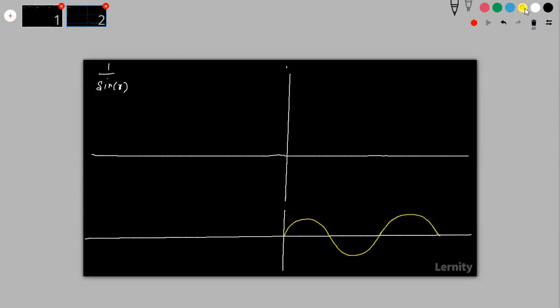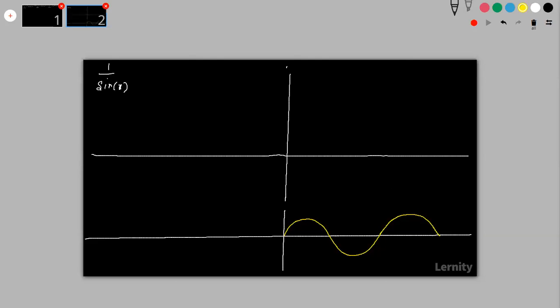Students, tell me one thing. If sin x is periodic in nature, will 1 by sin x be periodic in nature, yes or no? If sin x is taking repeated values, then 1 by sin x will also be taking repeated values.